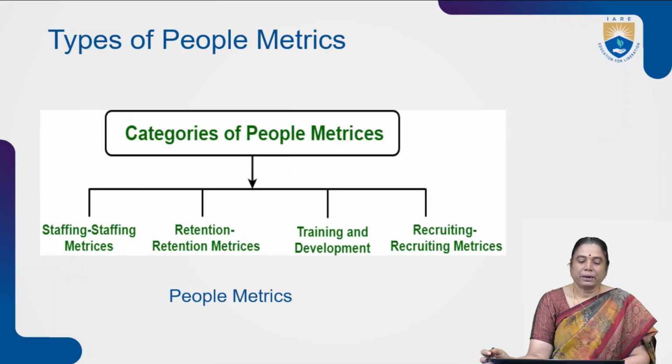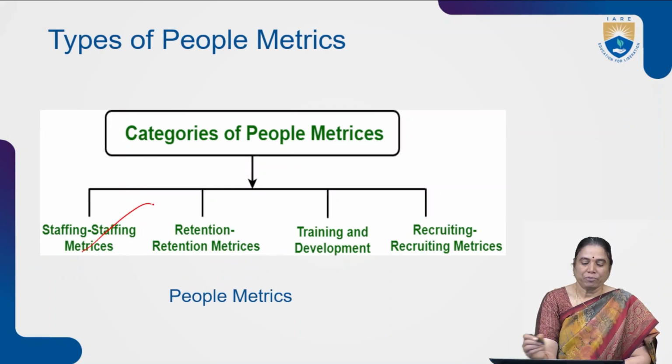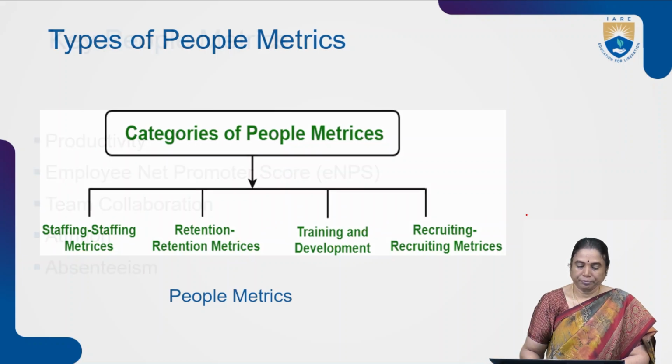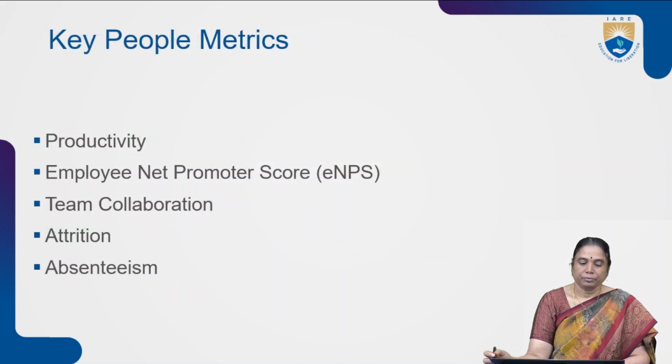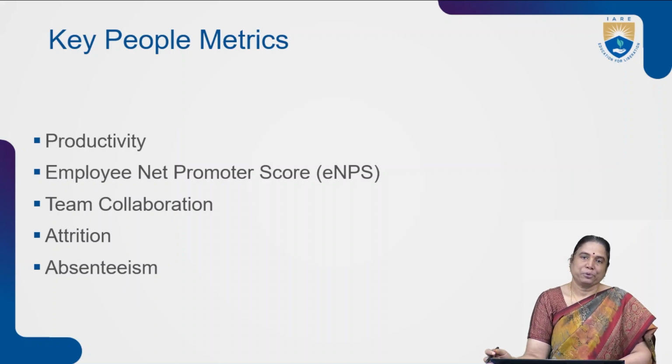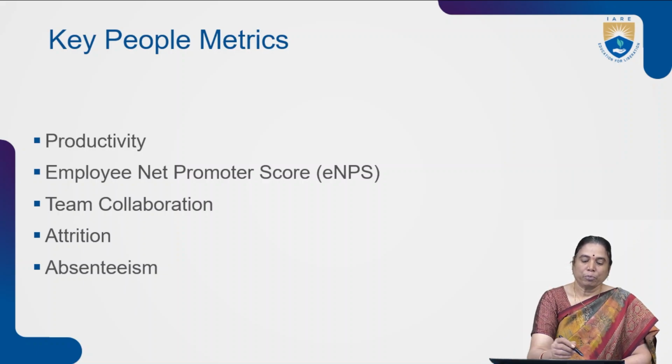Types of people metrics are staffing metrics, retention metrics, training and development, and recruiting metrics. The retention rate is the major people metric used in software development. Key people metrics are productivity, employee net promoter score ENPS, team collaboration, attrition, and absenteeism.